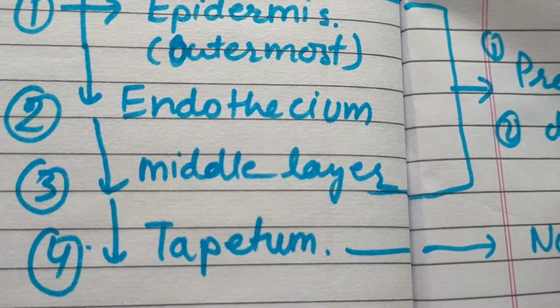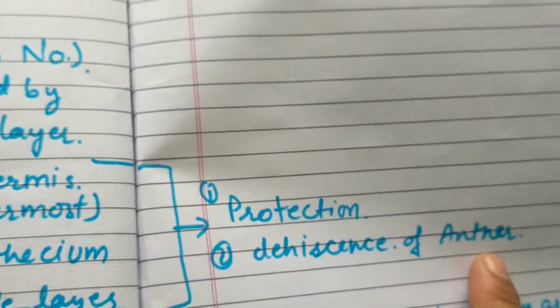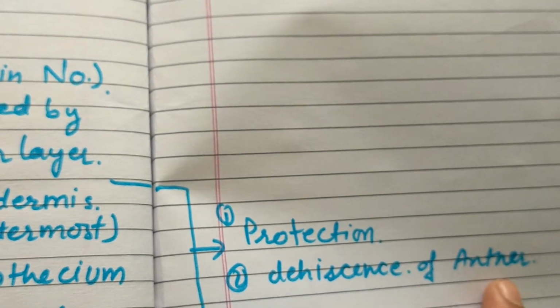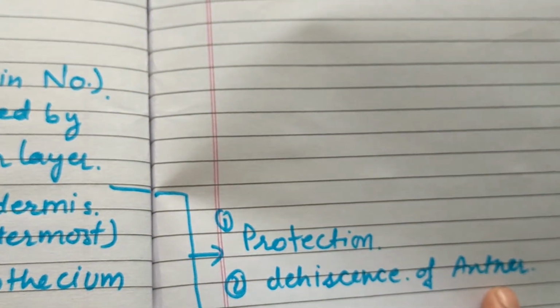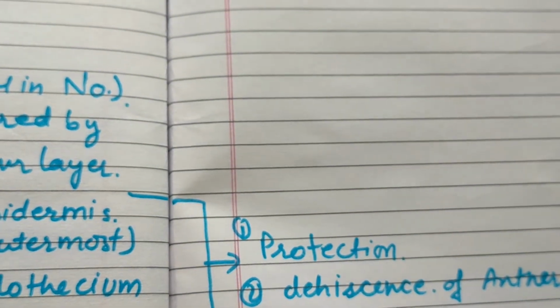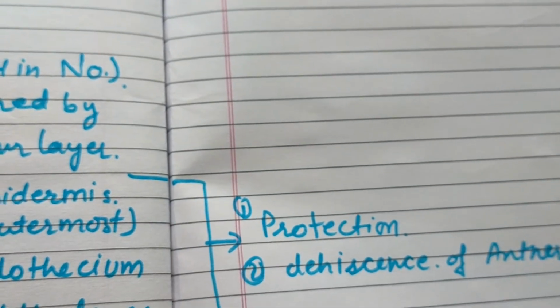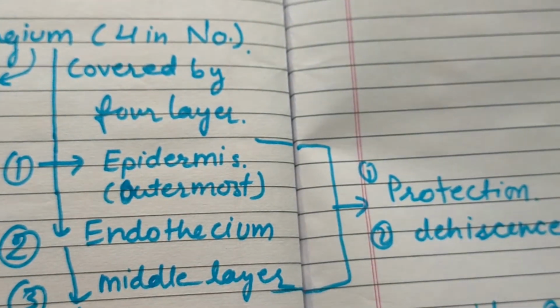Epidermis, endothecium, and middle layer actually help in protection of this pollen sac. And the second function is dehiscence of anther. If you remember, pollen grains come out of the anther by rupturing the wall of the anther. So what are those walls? Epidermis, endothecium, and middle layers.